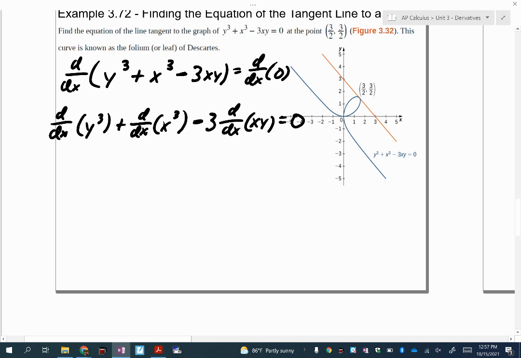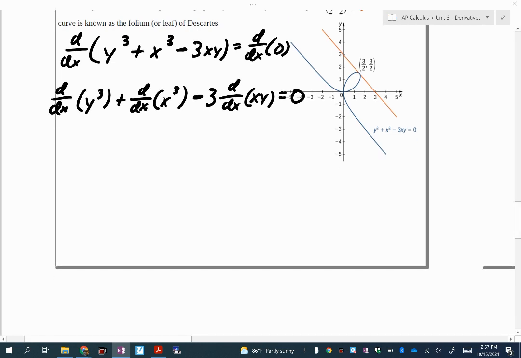Hopefully you notice I just used the constant multiple rule to move the 3 to the front. So then I can use my product rule for x and y. All right, let's start with the y cubed. Using the power rule, that's 3y squared, but we have dy dx because it is the letter y, plus 3x squared. And then here we have minus 3 times whatever is going to be with my product rule. So I have the derivative of the first, right? Derivative of x is just 1.